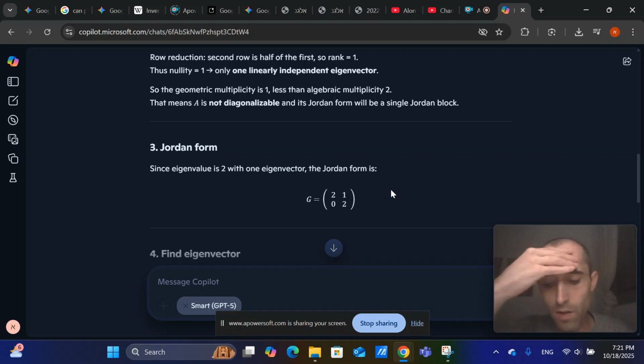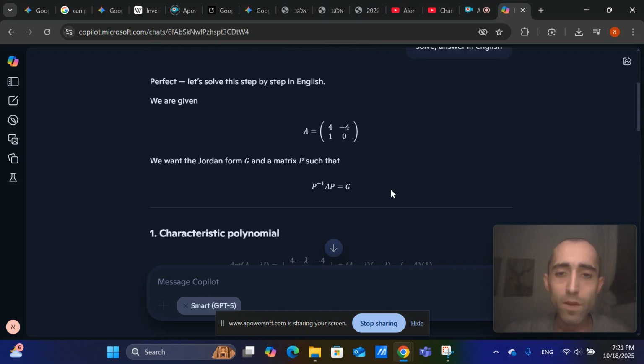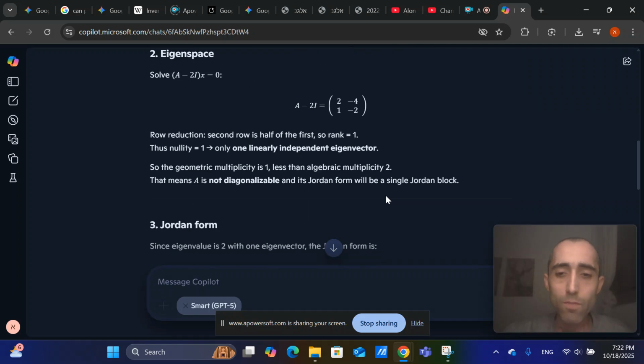Now we want to find the P matrix that will transform A into its Jordan form. This invertible matrix P such that the inverse of P times A times P equals the Jordan form.